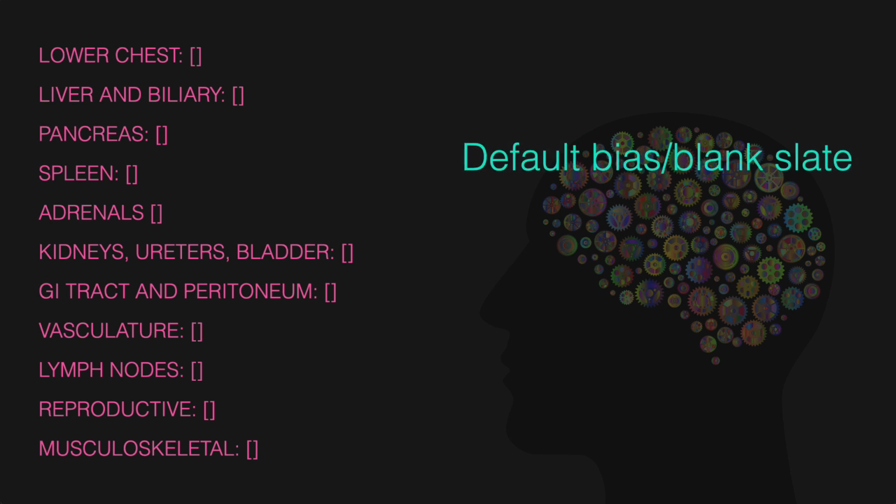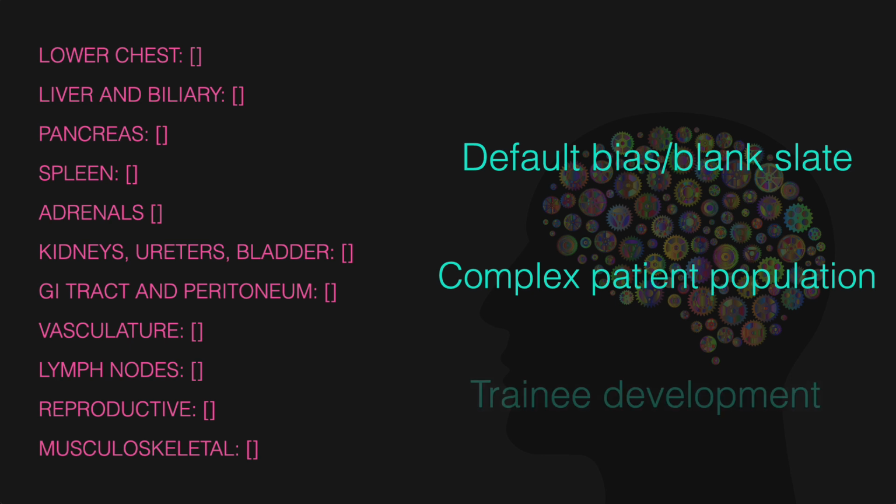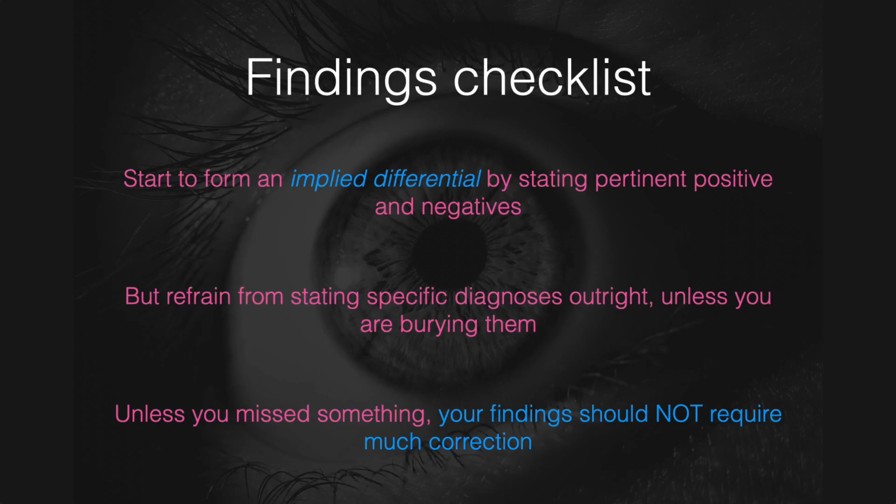First, to avoid default bias and give every patient a blank slate for their report. Second, quite frankly, to avoid the inconvenience that pre-populated normal text would have for our complex patient population. And third, we believe that blank fields are best for trainees as they develop their own reporting skills and language.